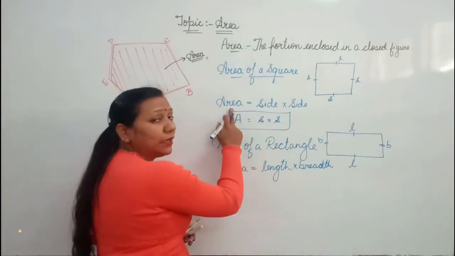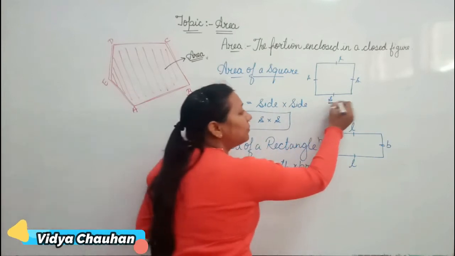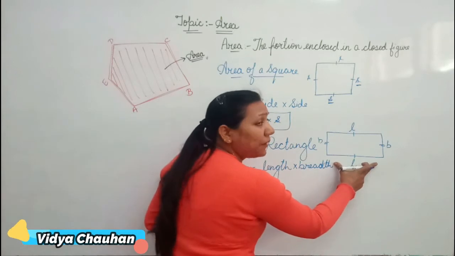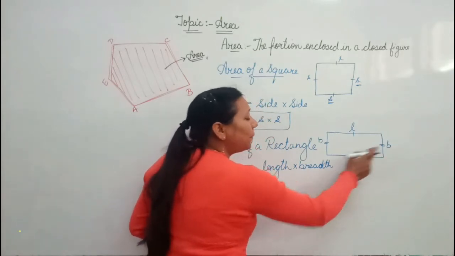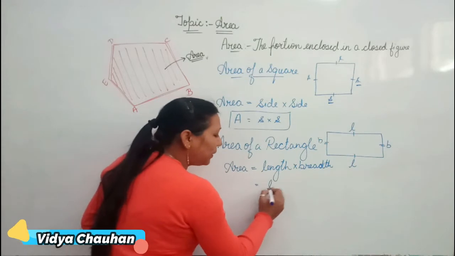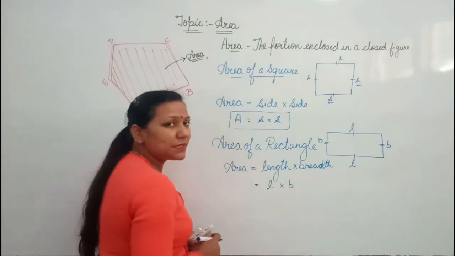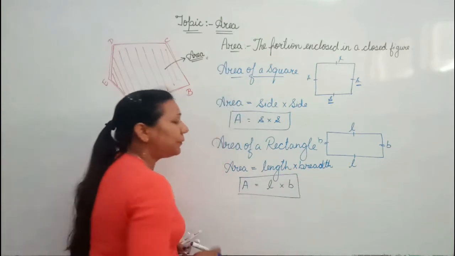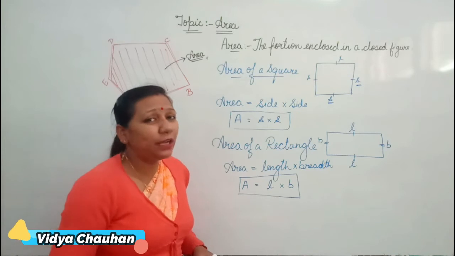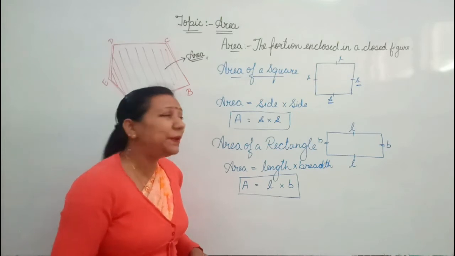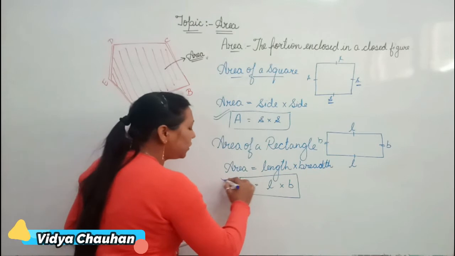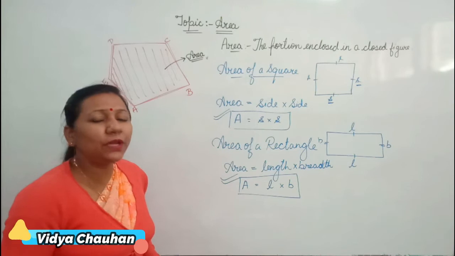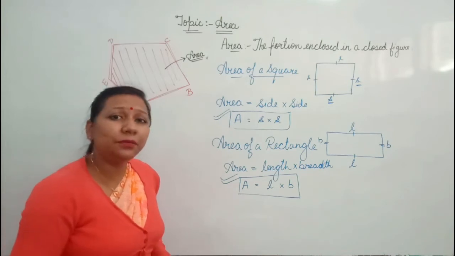When it was square, that time we have multiplied side with side, so it is side into side. Here it is rectangle, so that is length into breadth. Length is represented by L and breadth is represented by letter B. Therefore, area of a rectangle is equals to length into breadth, that is L into B. So these are the two major formulas which you should know to calculate the area of these two closed figures, a square and a rectangle.